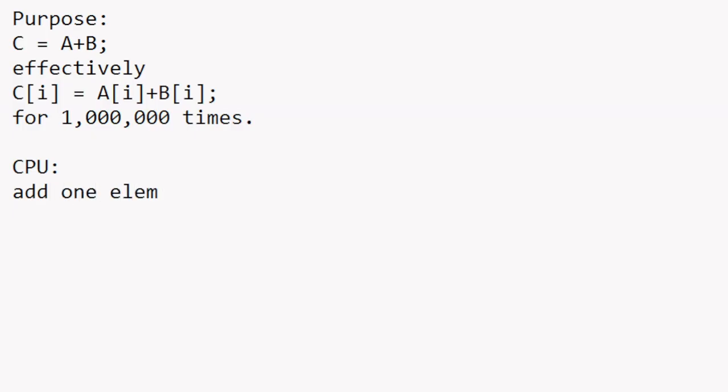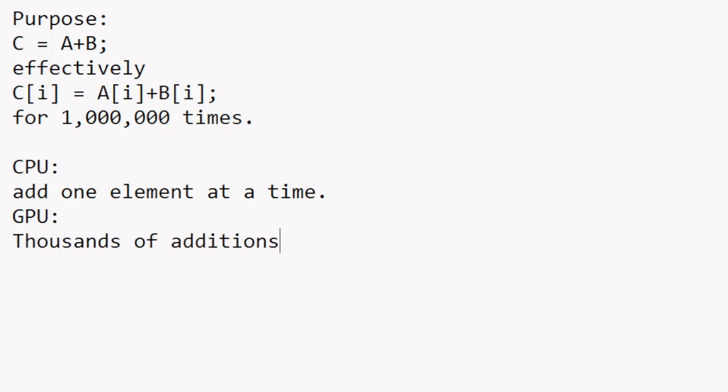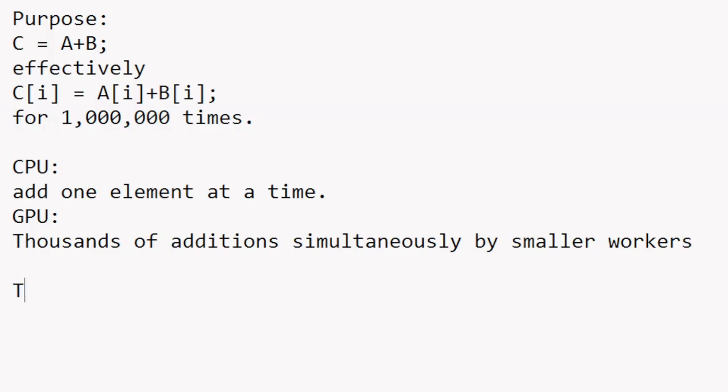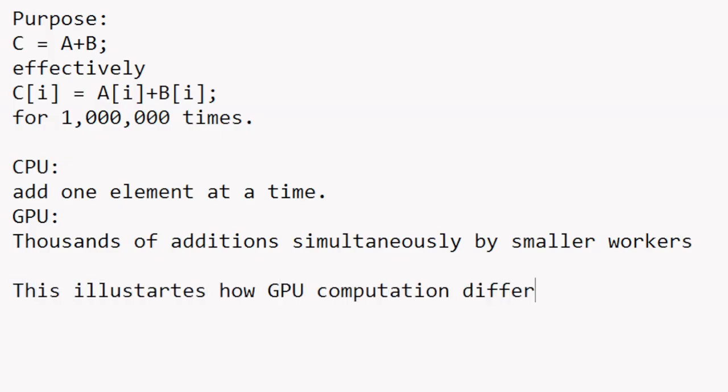The CPU adds one element at a time. In a GPU, thousands of additions are carried out simultaneously by smaller workers. This illustrates how GPU computation differs from CPU computation.